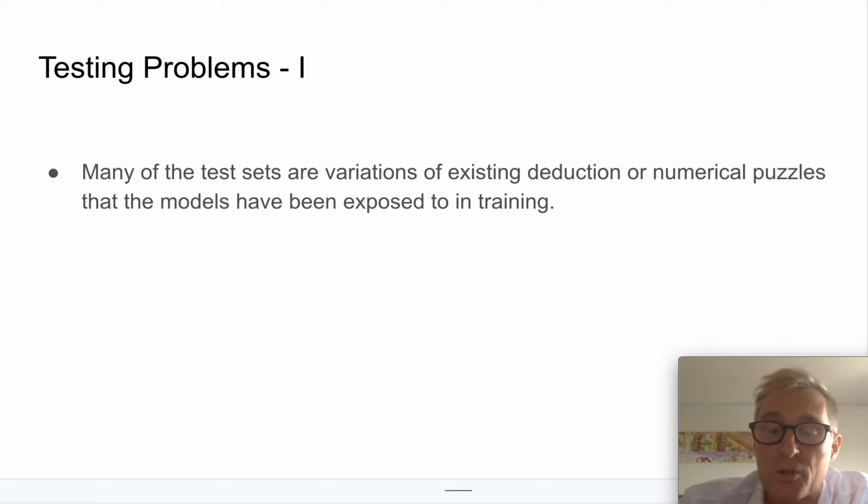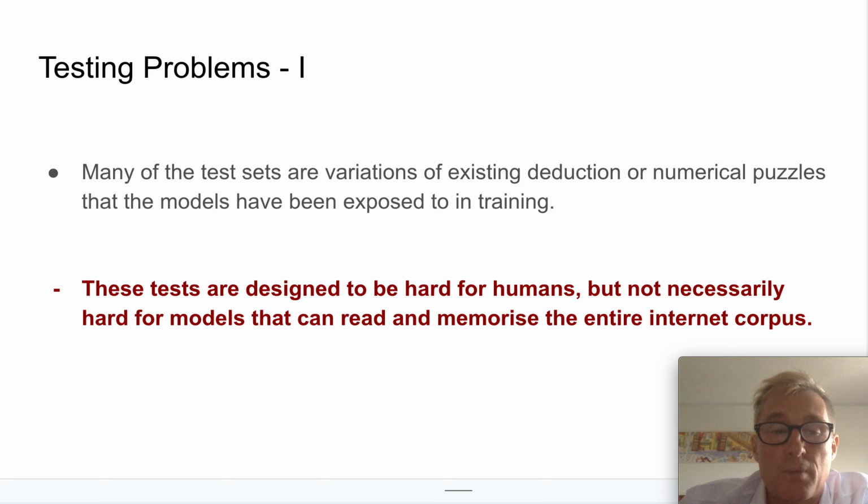And the problem, of course, is that these things have been designed to be hard for human beings, but they're not necessarily hard for models that can read and memorize the entire internet corpus, that have seen many, many examples of the same thing, or maybe even have seen the exact same data points that are in the test set.